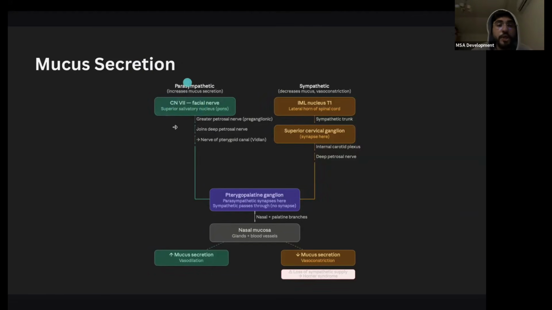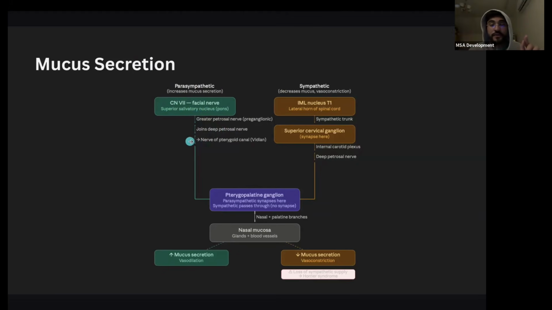So first of all, we have the superior salivatory nucleus of the facial nerve, which is located in your pons. From there, you're going to have the greater petrosal nerve joining the deep petrosal nerve, and they will become the nerve of the pterygoid canal, or the Vidian nerve.